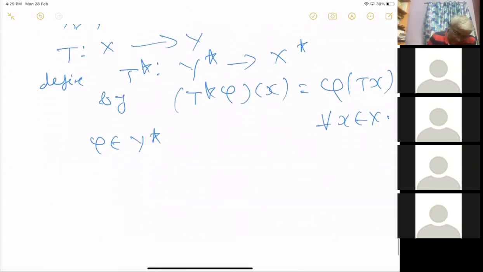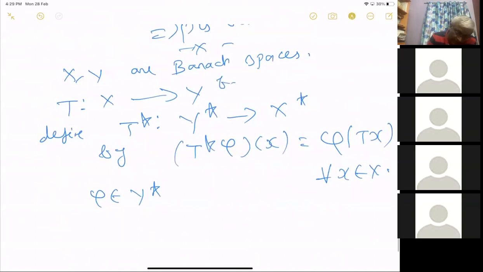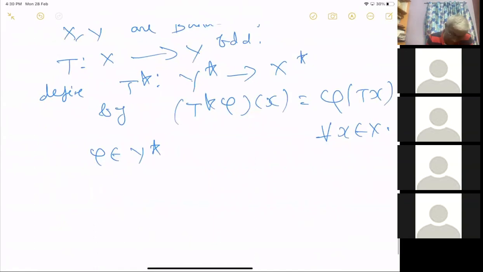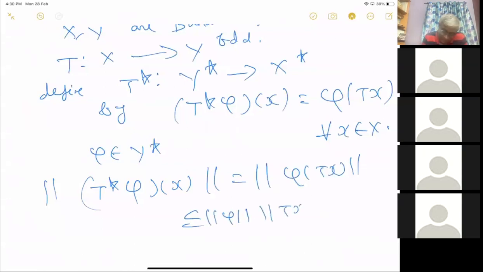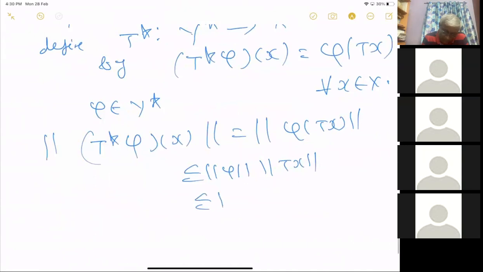Then, if T is bounded, we want to prove that T star is also bounded. So why is T star bounded? T star of phi at x is equal to phi of Tx, which is less than or equal to norm phi times norm Tx, which is less than or equal to norm phi times norm T times norm x.